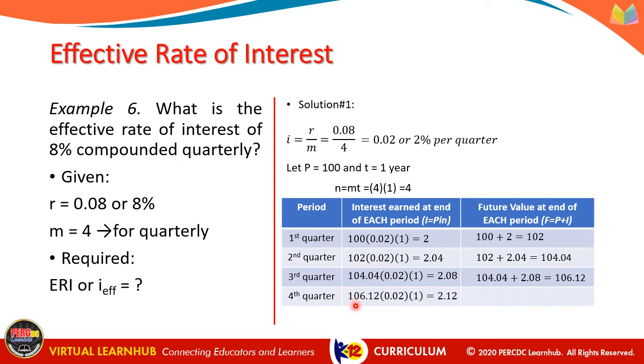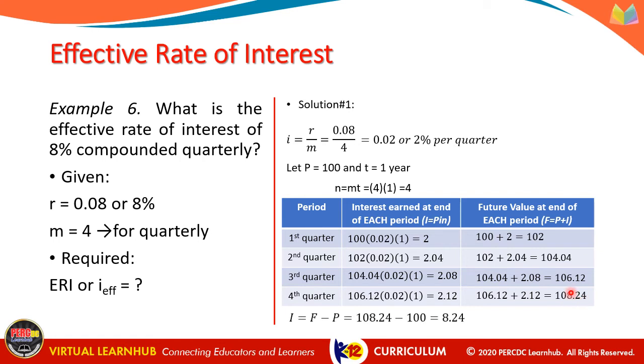The interest earned for the fourth quarter is 106.12 times 0.02 times 1, that is equal to 2.12. After fourth quarter, the money will now become 106.12 plus 2.12, which is equal to 108.24.